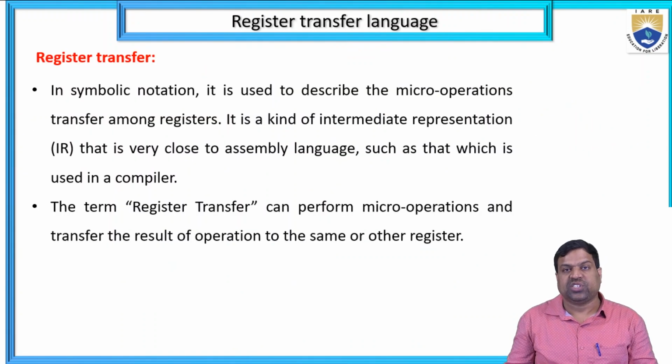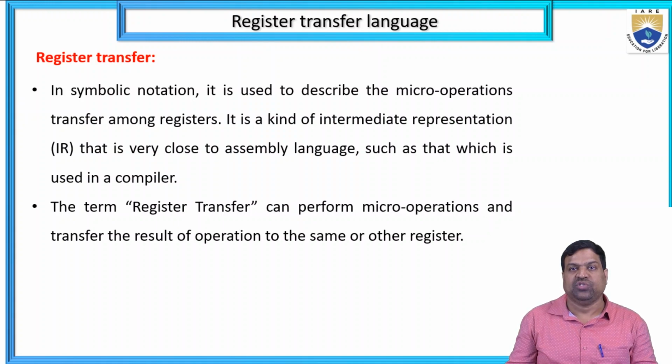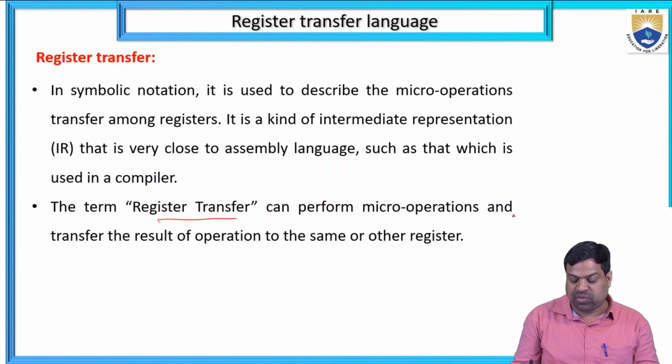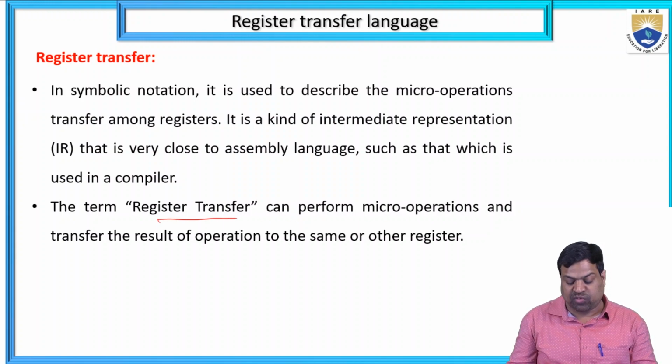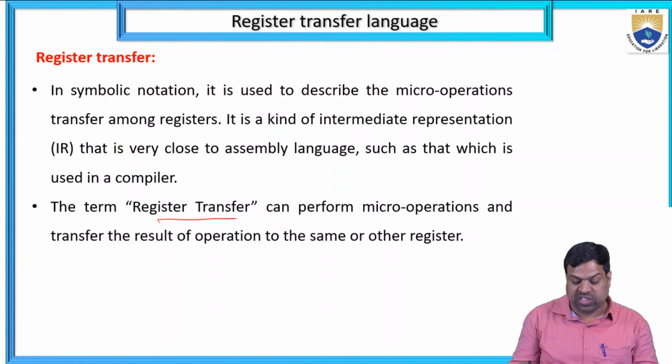Another one is register transfer. In symbolic notation, it is used to describe the micro operations transferred among registers. It is a kind of intermediate representation of instruction register that is very close to assembly language, such as that which is used in a compiler. The term register transfer can perform micro operations and transfer the result of operations to the same or other registers.